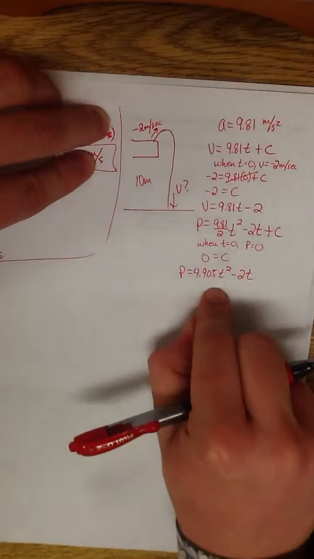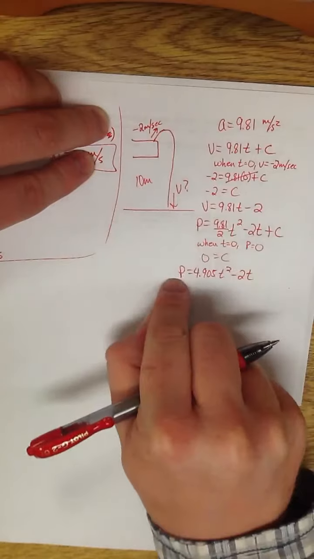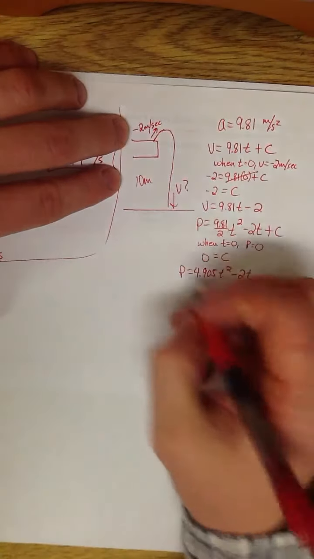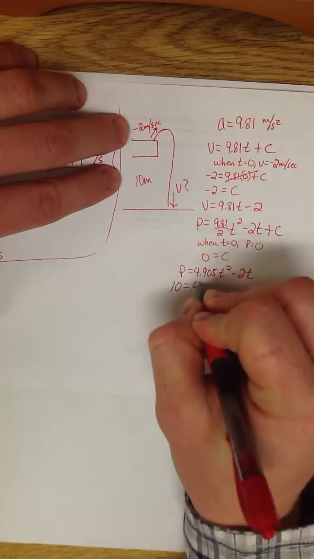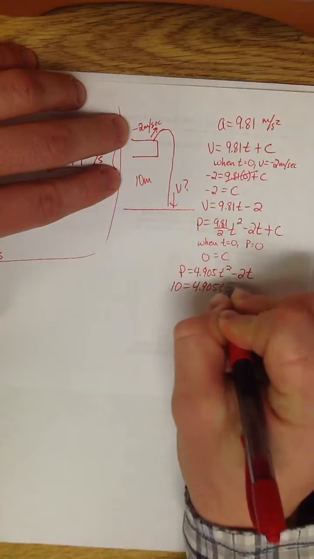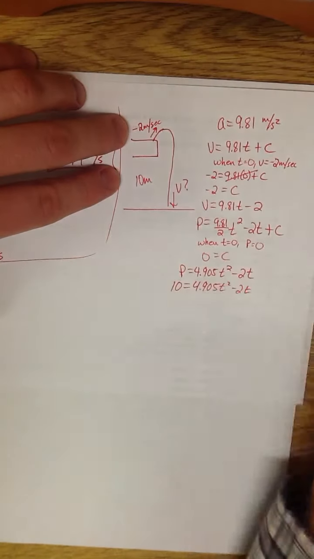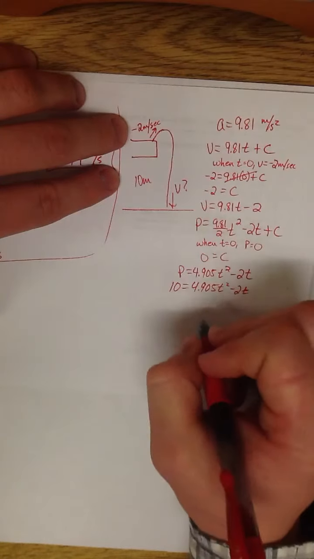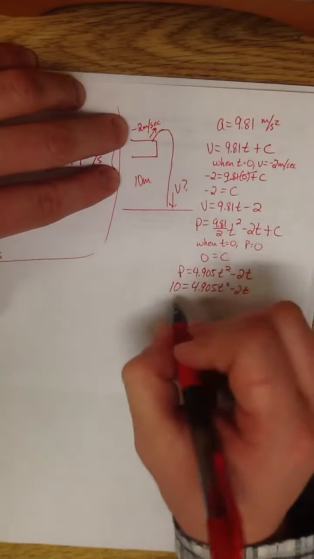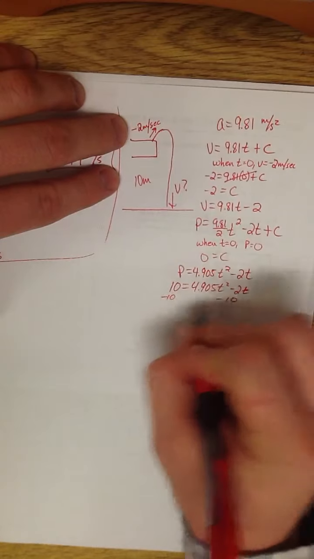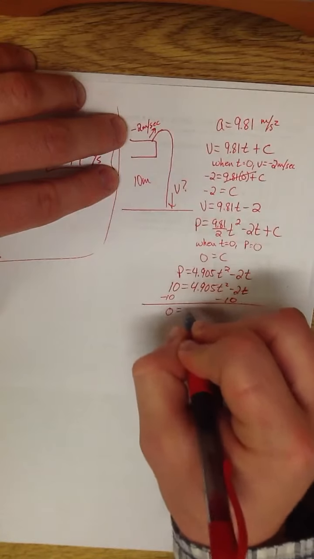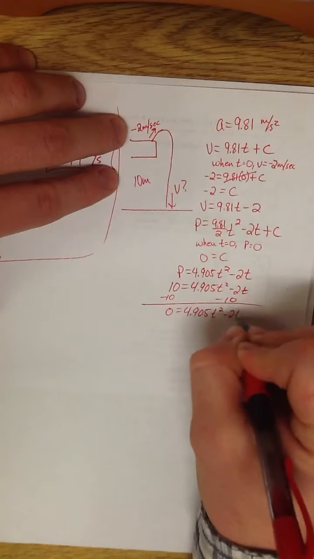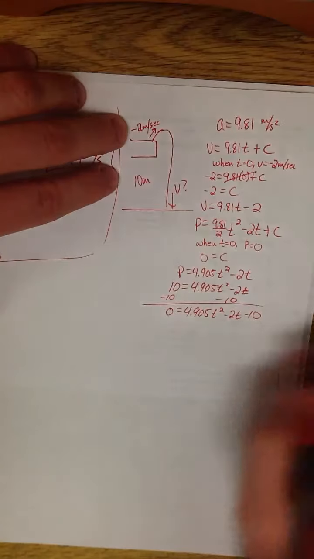Okay, so now, again, I want to find out, after I fall 10 meters to the water, how fast am I going? So I'll plug in 10 for p: 4.905 t squared minus 2t. Now I got to solve that for t, and I hope you're not thinking, oh great, I got to do quadratic formula. Well, no you don't. 0 equals 4.905 t squared minus 2t minus 10.